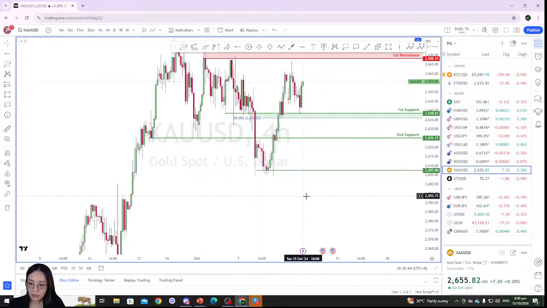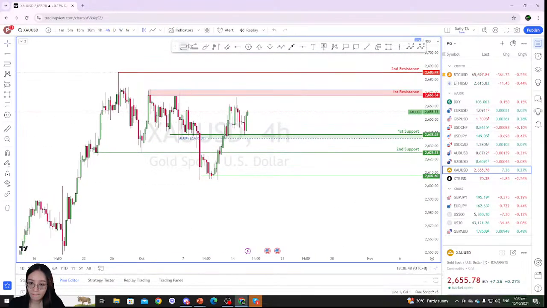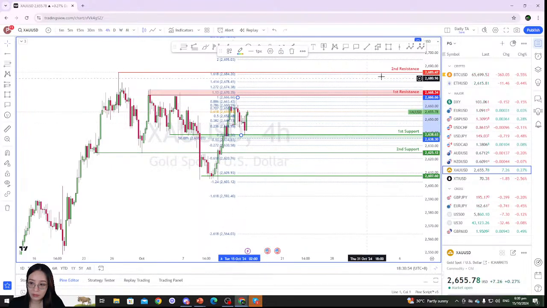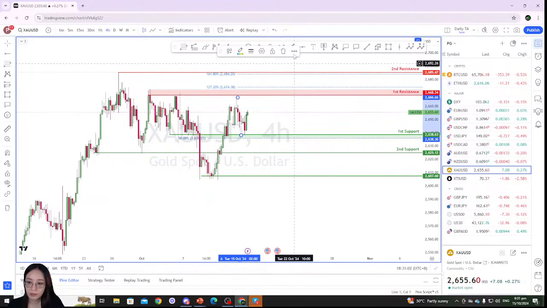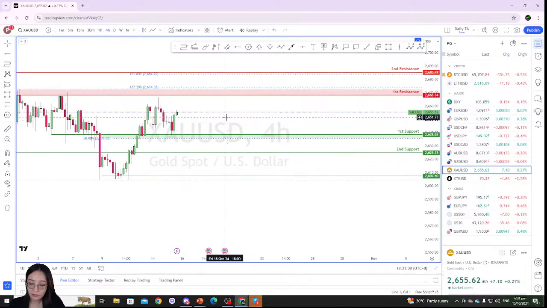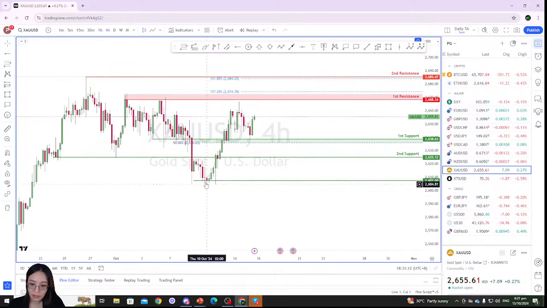So we highlight another key level like 2607. I can use an extension if price breaks above my swing high here. The next target, the second resistance, is here with the extension. So if price comes here and you see confirmation, you can sell. So now there is no entry for gold based on the H4 time frame. Don't trade. We can trade another pair.